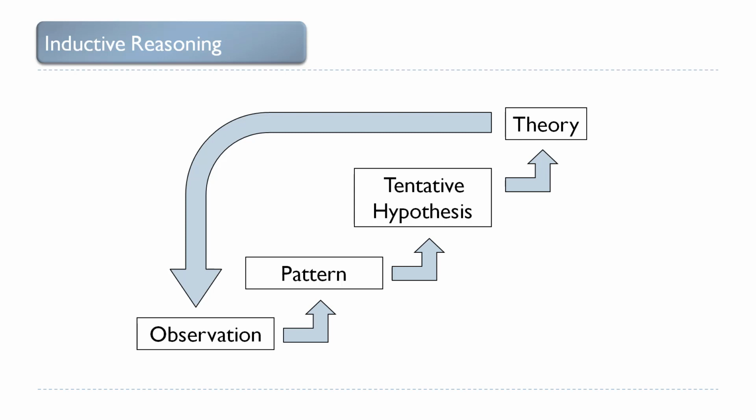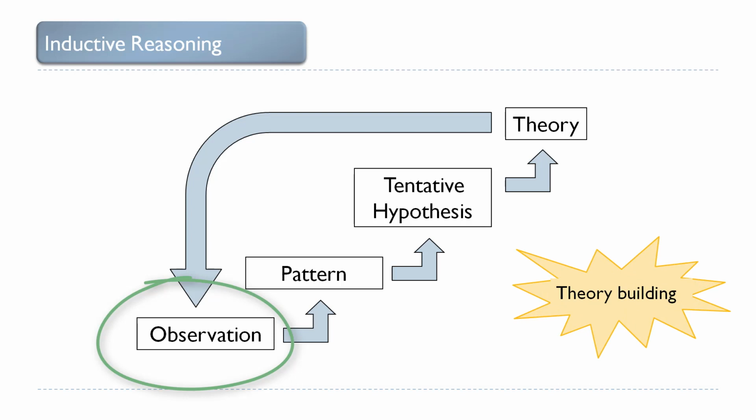And then we go back again to our observations to see if there's further evidence of that isolation. And this pattern, this loop, I should say, can happen many times in order to really discover what theory is happening. And so that's why we call inductive reasoning theory building, because we're starting with the data and we're trying to come up with a theory, to build a theory.